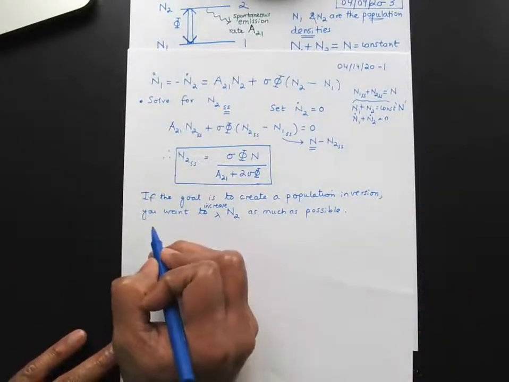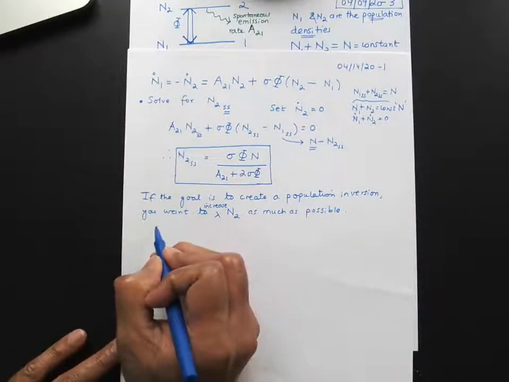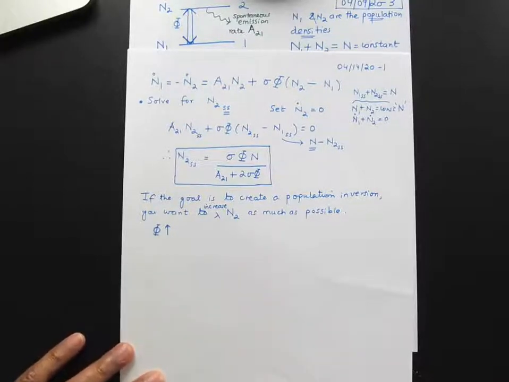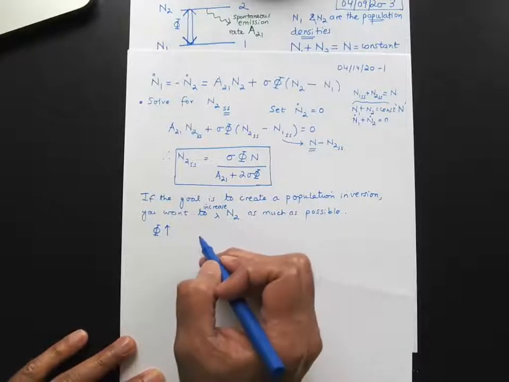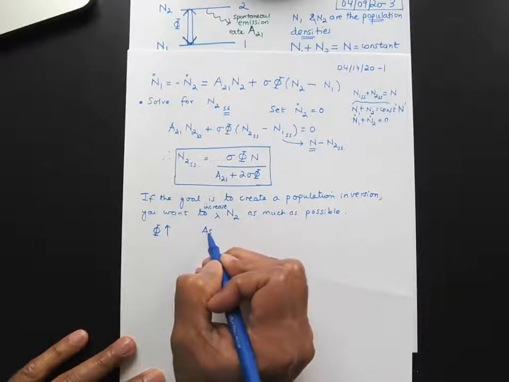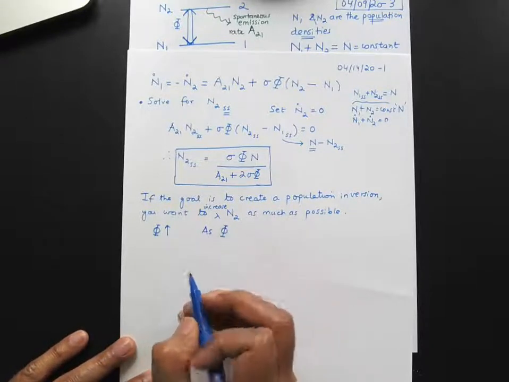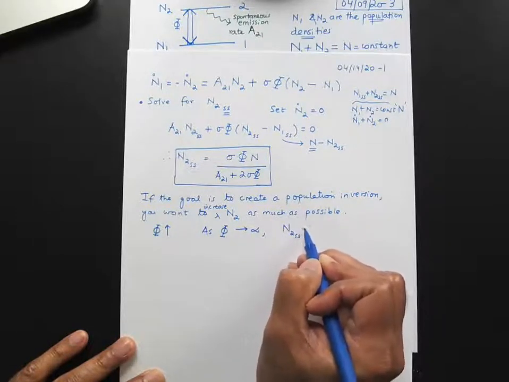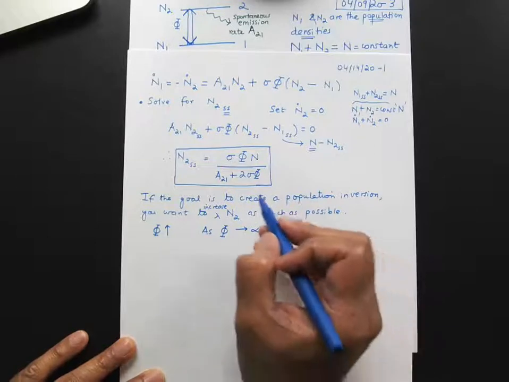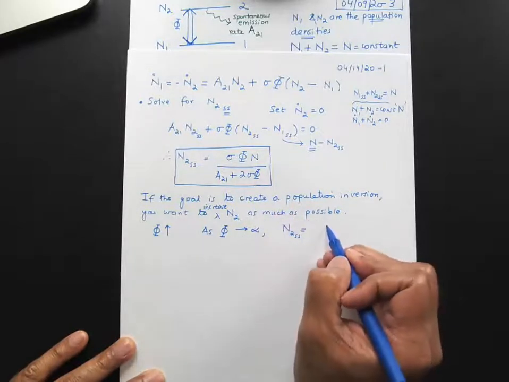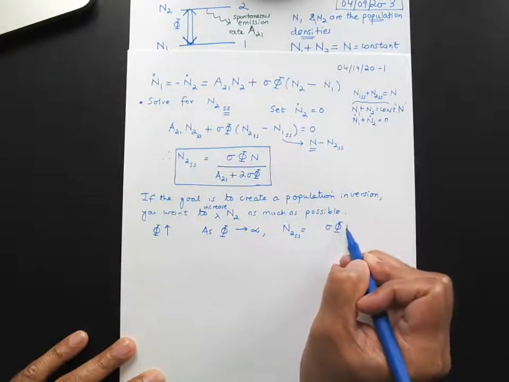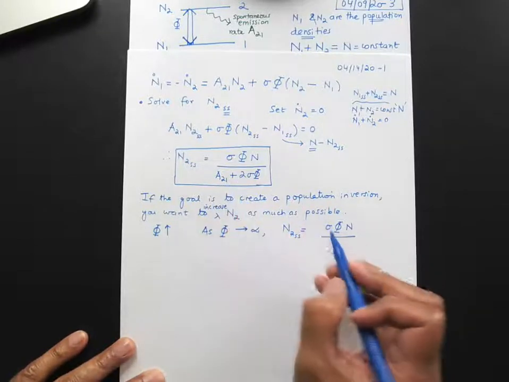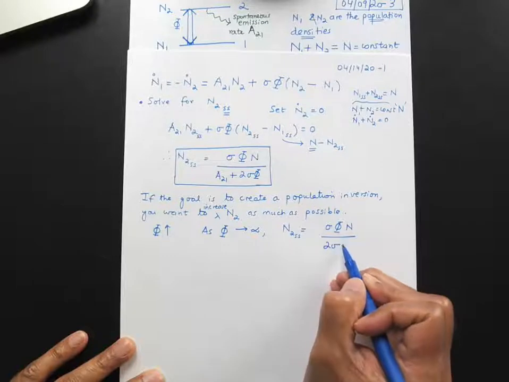So what you do is you say, okay, I'm just going to take my phi and take it up, right? So the best you can do is that as the incident photon flux goes to infinity, you can see that N2 steady state is, so as it goes to infinity, the term on the top stays. On the bottom, you can neglect the A21, and you have this.